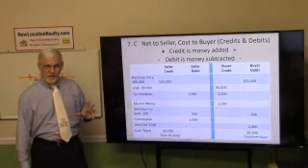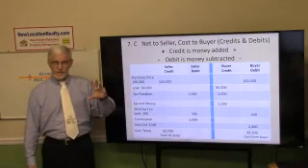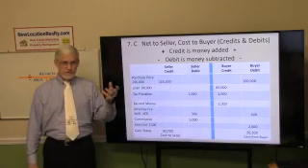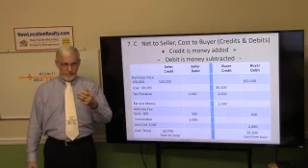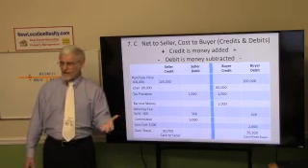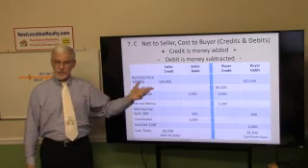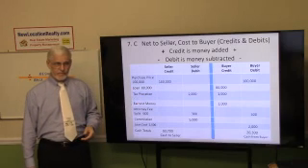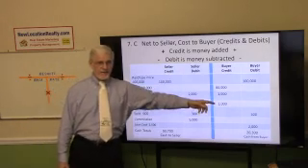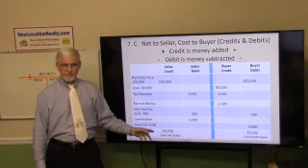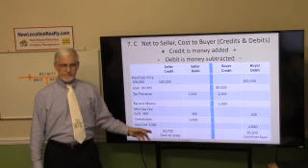Now what we see common in contracts is the buyer will request that the seller pay $3,000, $5,000 toward the purchaser's closing cost. How's that going to show up here? Credit to the buyer and a debit to the seller. It's a balance sheet.